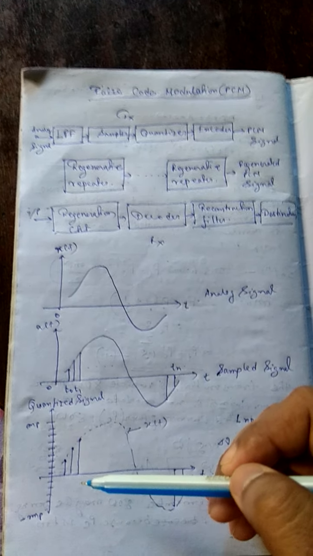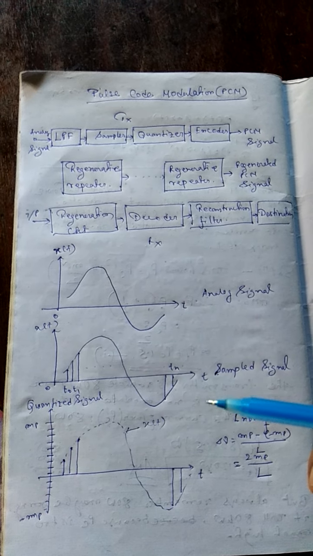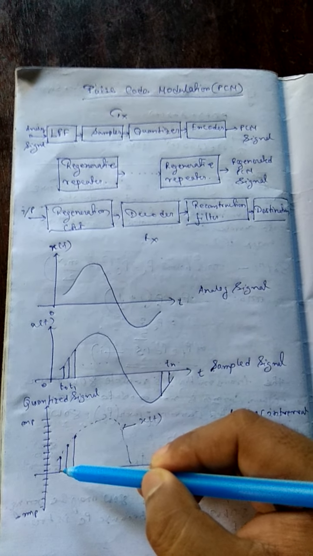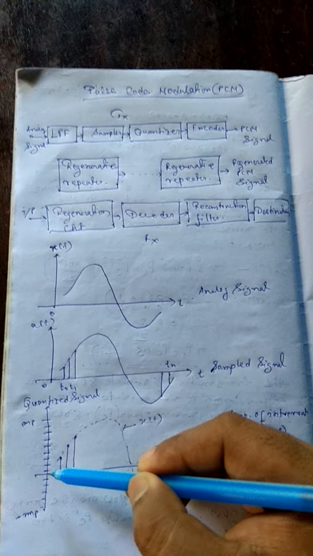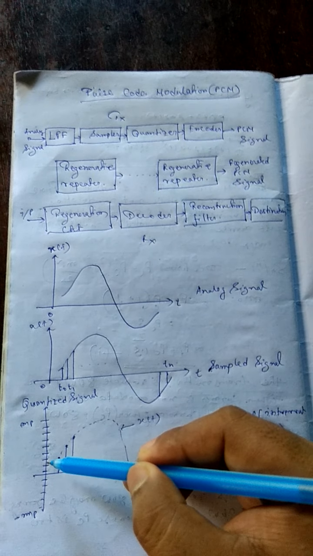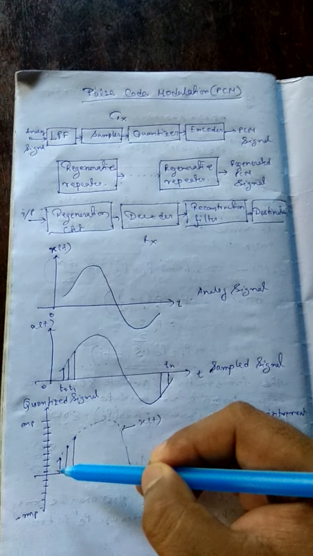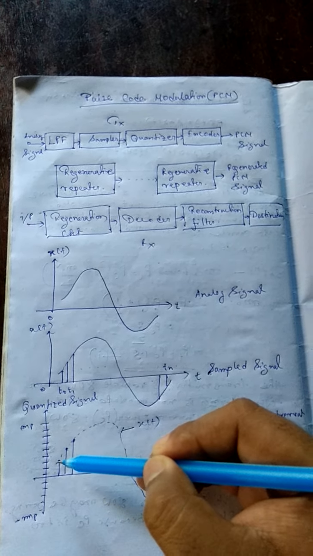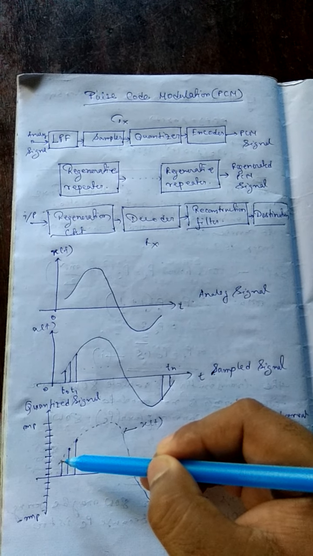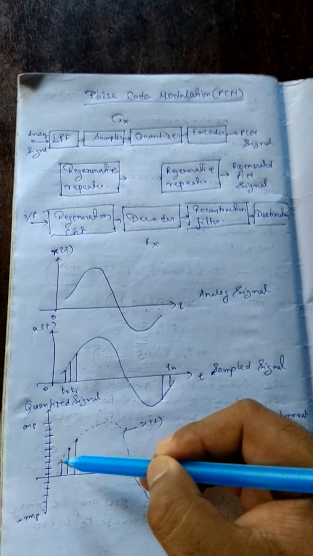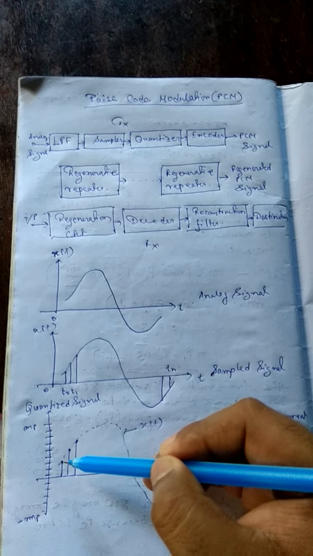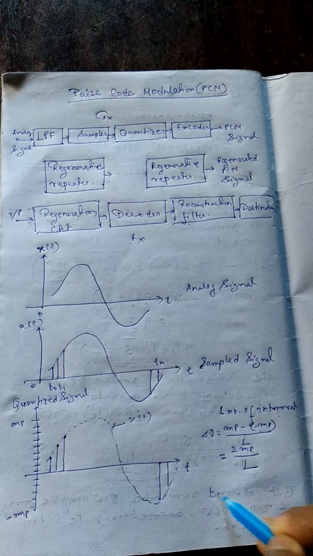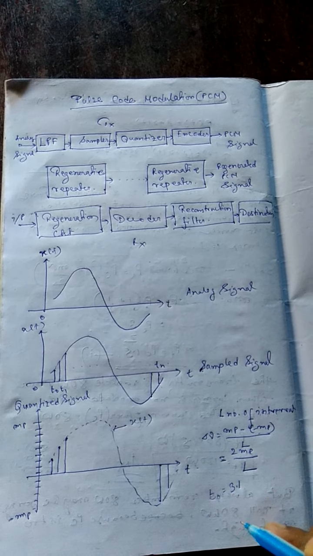Now what do we mean by the quantized signal or quantization process? Suppose we label the levels 0, 1, 2, 3, 4, 5. This is the t0 position, where the amplitude just exceeds 3, so we assume the amplitude at t0 is 3.1.